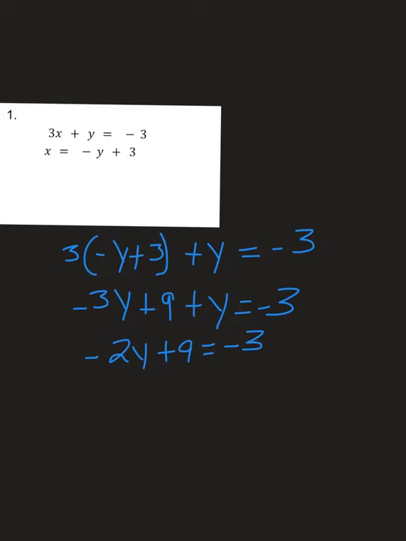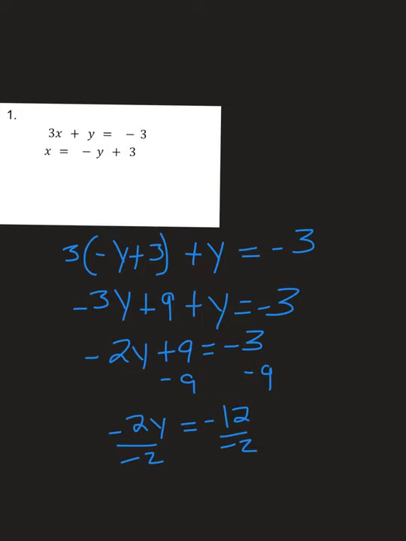Then we know we're going to need to move this 9 to the other side, so we're going to subtract 9 from both sides. We're going to get negative 2y equals negative 12. And then our final step is we're going to divide both sides by negative 2.